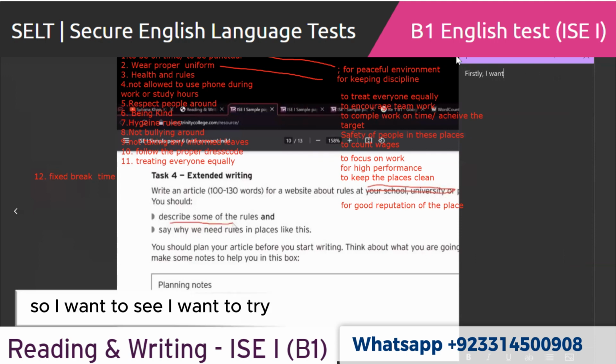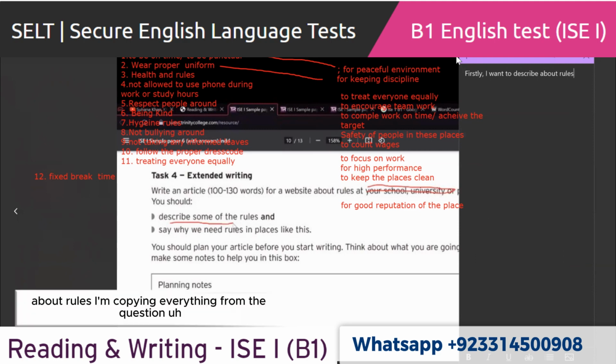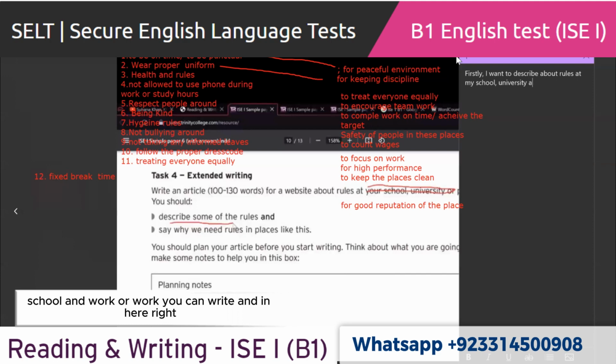I want to describe. I'm going with the first point. Describe about the rules. I'm copying everything from the question. At my school, university, and work.